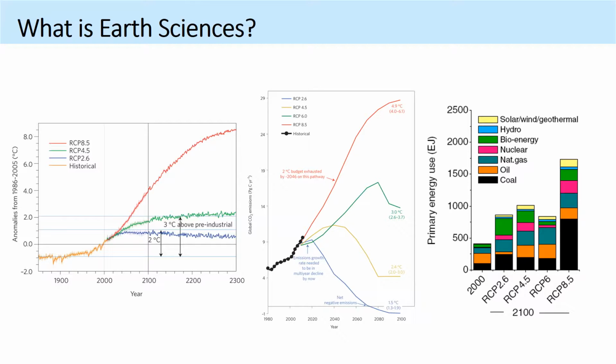So 2 degrees warming is actually here, at about 1.5 degrees on this axis. If we want to stay below 2 degrees warmer, we have to choose the blue curve, basically. It's very unlikely that if we follow the green curve, we will achieve that target. It will be bad. It will be bad anyway.